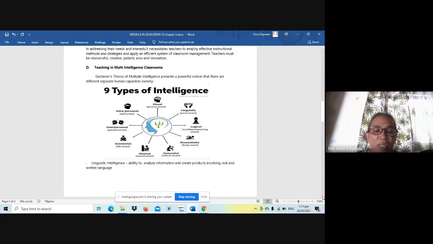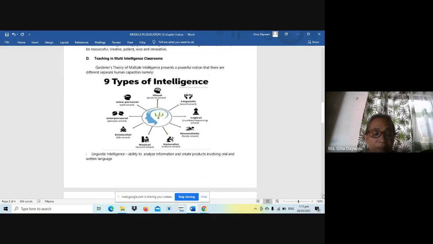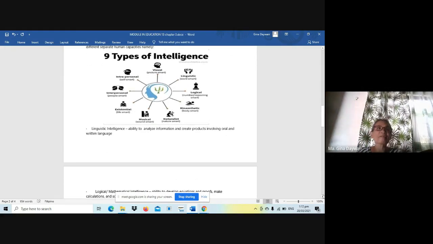We have the different types of intelligence: intrapersonal, interpersonal, existential, visual, linguistic, logical or mathematical, kinesthetic, musical, and naturalist. Now, what is linguistic intelligence? This is the ability to analyze information and create products involving oral and written language.